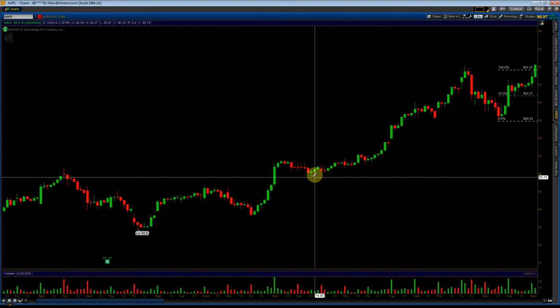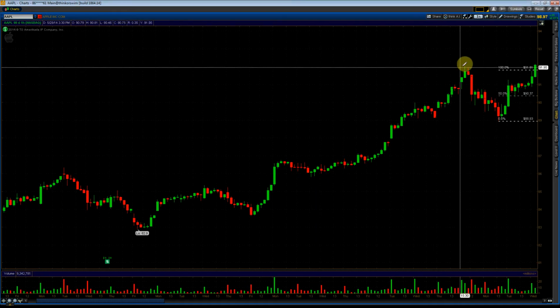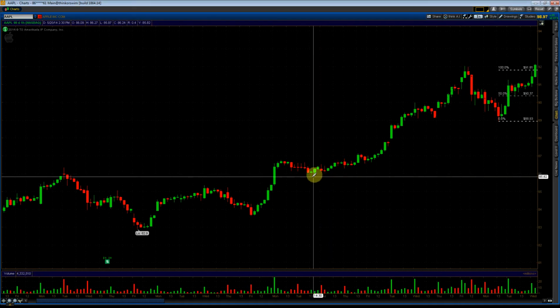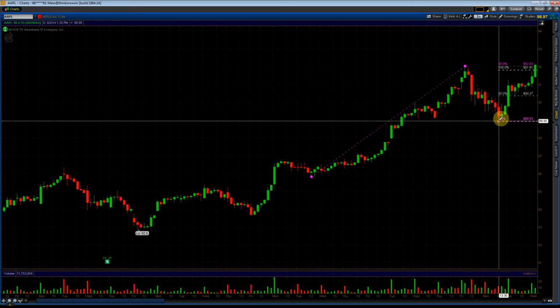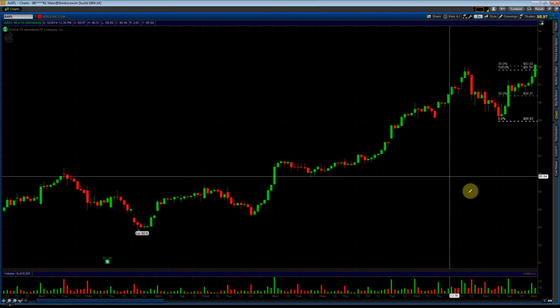But from here up to here, and down to here was both a visible up and down move.